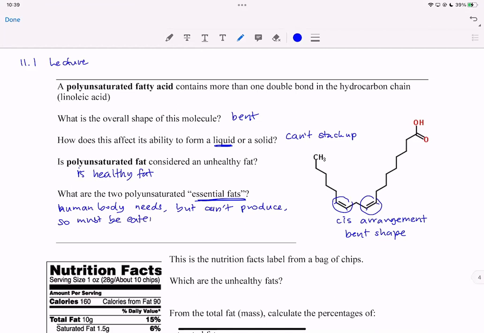And these two polyunsaturated fats are called linoleic acid and also linolenic acid. And so we'll look at a breakdown of the foods that have linoleic and linolenic acid. Those are the superfoods that I refer to, like salmon and avocado and flaxseed.